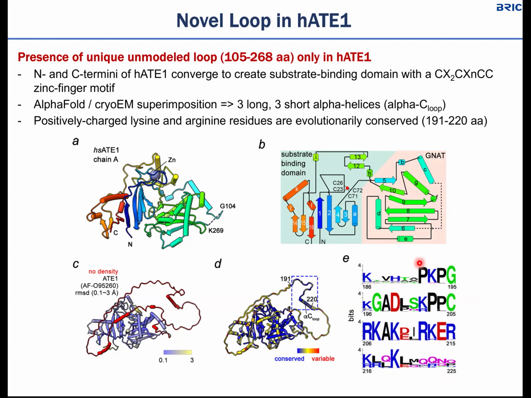Interestingly, this positively charged region was shown to cluster to the same side of helix alpha C on the GNAT domain, which is a conserved tRNA binding element in yeast AT1 and other similar tRNA-dependent amino acid transferases.